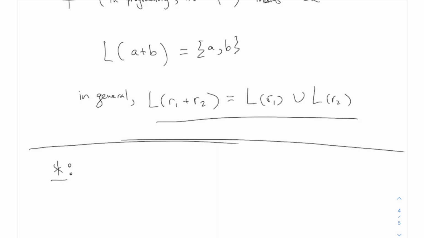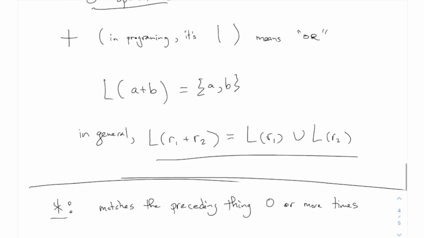So what the star does is it matches the preceding thing 0 or more times. You think of the star as representing repetition, although it's not exactly repetition. I'll try to say what I mean by that in a moment.